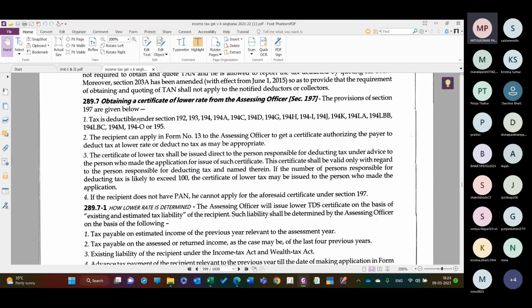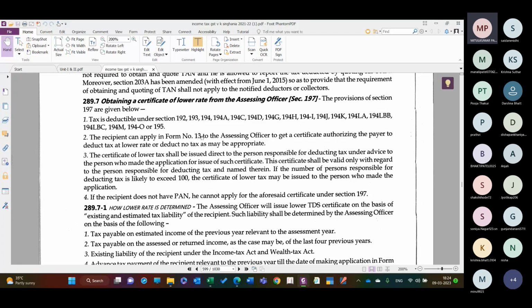Whatever I told you about form number 13, it is mentioned over here: obtaining the certificate of lower tax from the assessing officer, section 197. So that form number 13's provisions are given over here. The recipient can apply in form number 13. So if you want to go on, all these are the sections under which you can make an application to the assessing officer.